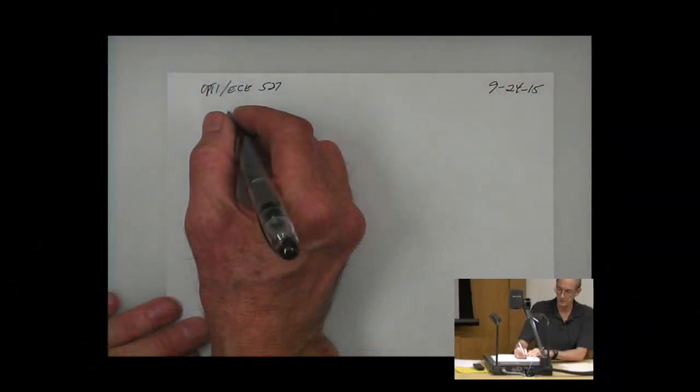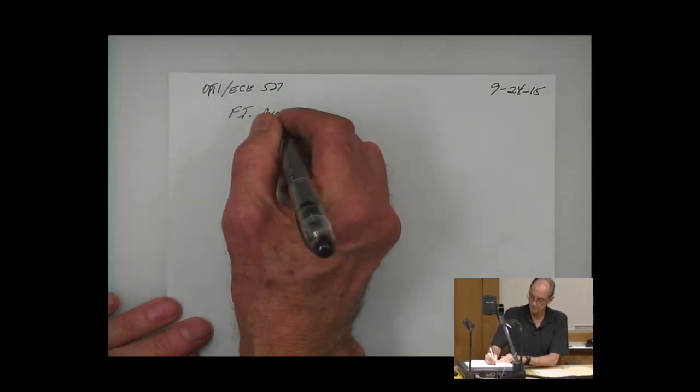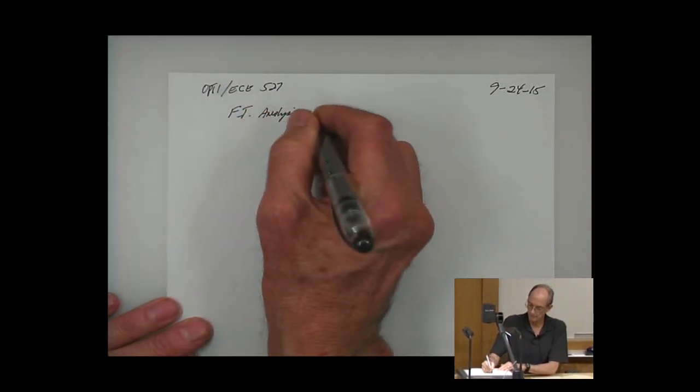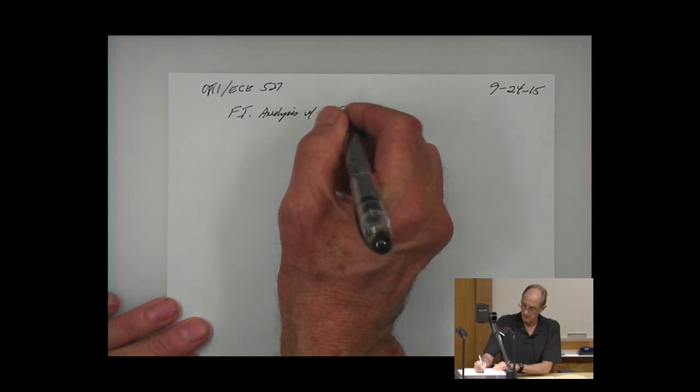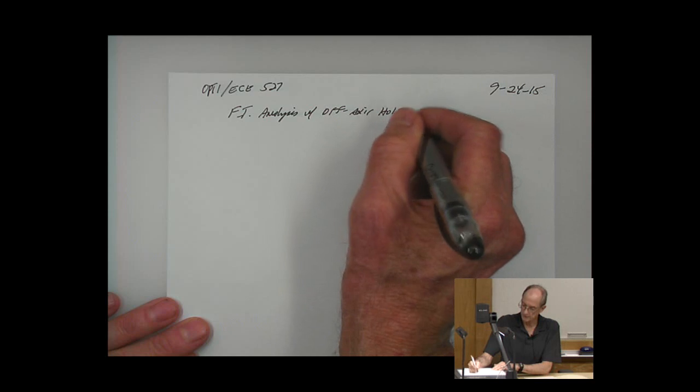So I want to do a couple things today. There are some issues with analyzing this off-axis hologram using Fourier analysis, so we're going to do that. We kind of got to start on that last time.